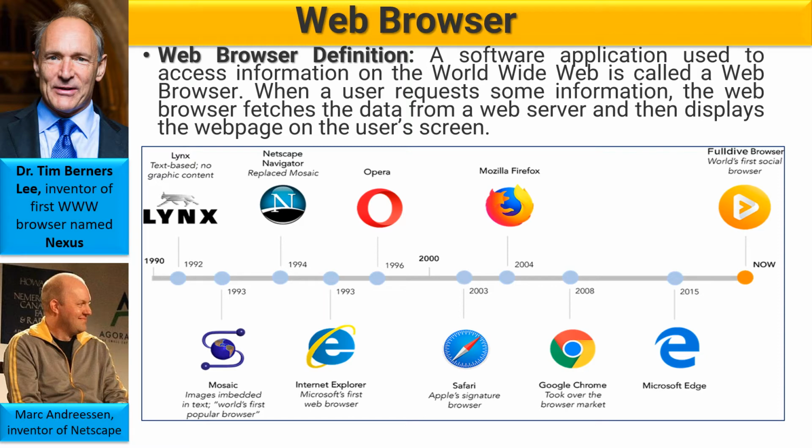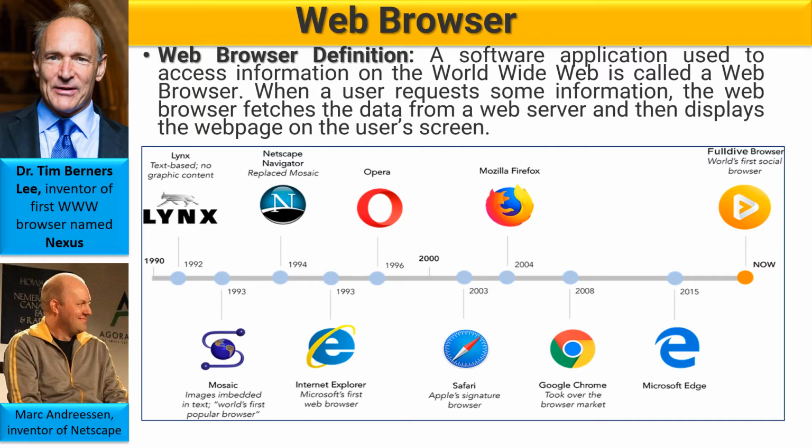In 1993, Mosaic was developed. The Mosaic browser was developed by Marc Andreessen, but again he transferred his Mosaic browser to Netscape Navigator. So that is Netscape, and he is the inventor of Netscape also.